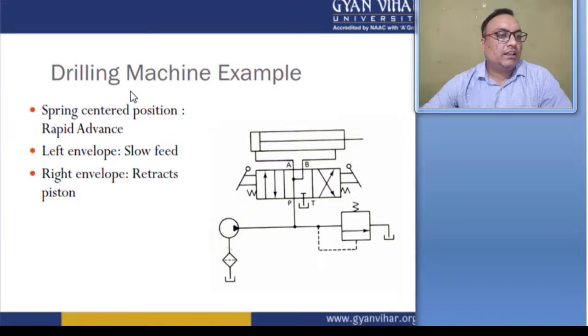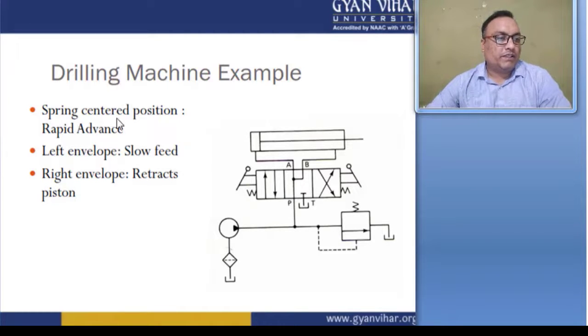Yeah, this is the working hydraulic circuit of the drilling machine, right? And it provides the feed to the machine. This is a pump, here is one filter, and this is pressure reducing, so this is a very normal circuit for the drilling machine example.